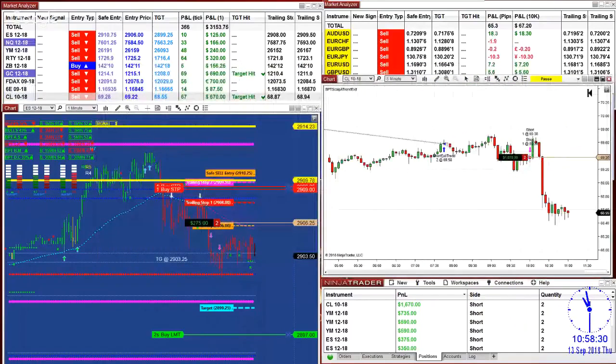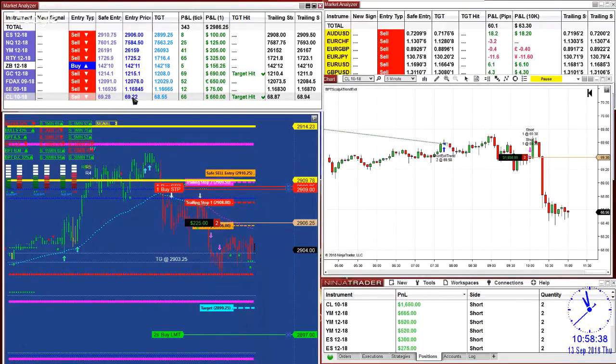And let's look at the CL price action. The price action CL, the entry was 69.22, target 68.55, somewhere around there.